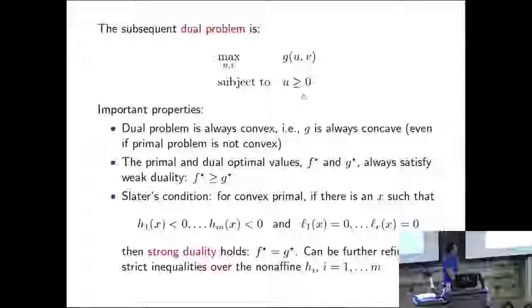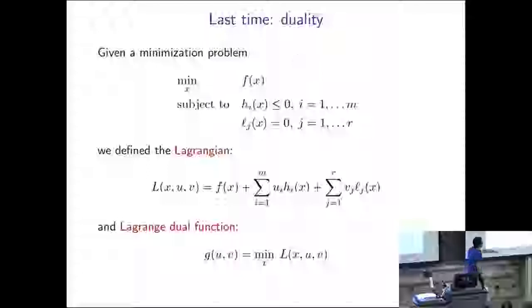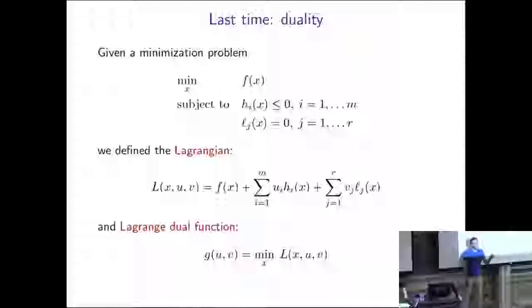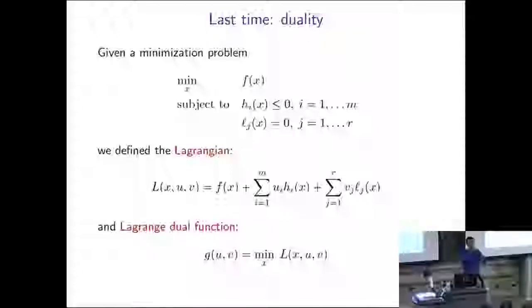Another thing that's always true is that this dual problem is always a convex optimization problem, or more specifically, it's always a concave maximization problem. Okay, that was true again just by the fact that we could have thought of this as a negative pointwise max of a bunch of functions, and those functions as functions of u and v were all linear.